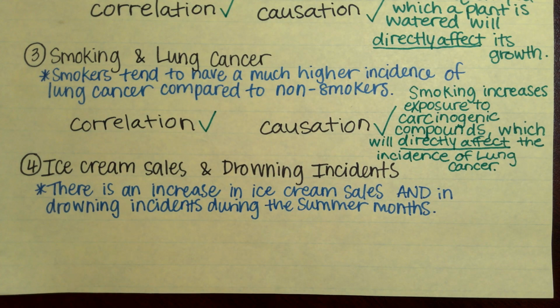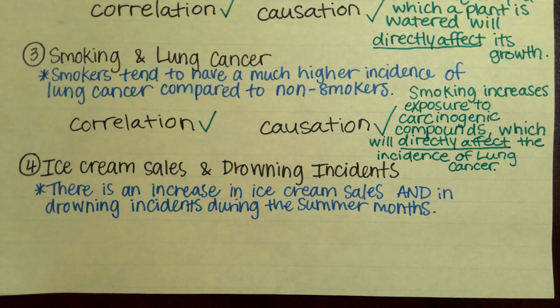But they were looking at these two sets of data, and they saw that both of these data points were relatively low during most of the year. January, February, March, April, May, it started to go up, and then June, July, August, there was a huge spike in ice cream sales and in drowning incidents. There's a correlation there, guys, but we want to know, is there causation?